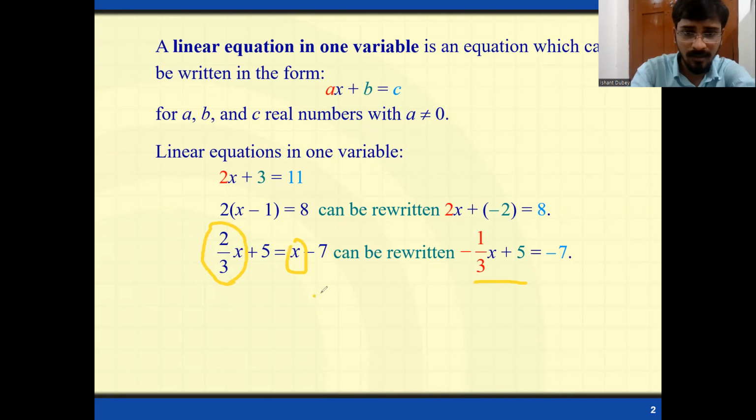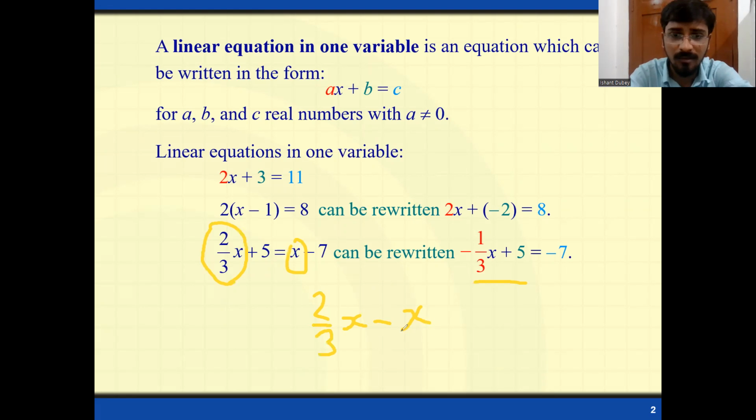So actually it is 2 by 3 x, and that x will come to the left hand side, so it becomes minus x. You can add minus x on this side and on that side also. On the right hand side x minus x becomes 0, and you write minus x here.